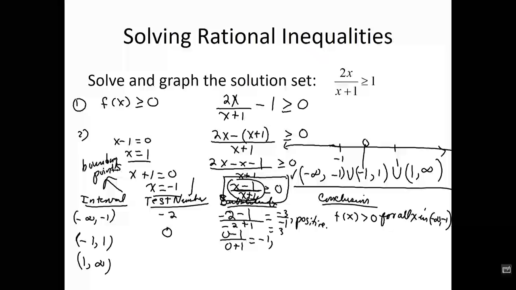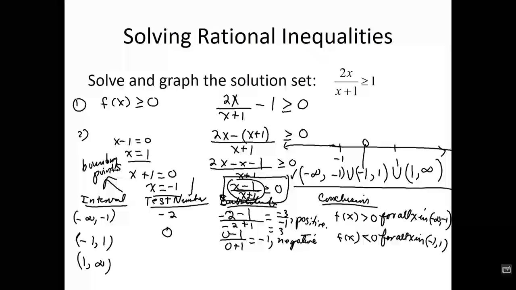So this is now negative. When we evaluate the function at 0, we get negative 1. So the conclusion is that f of x is less than 0 for all real numbers x in the interval from negative 1 to 1.